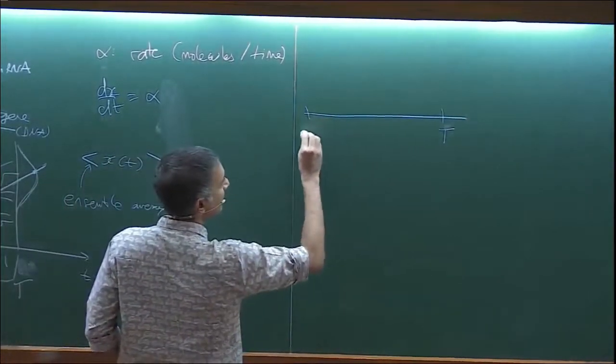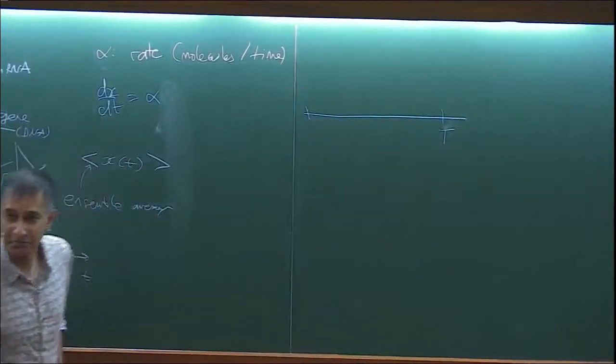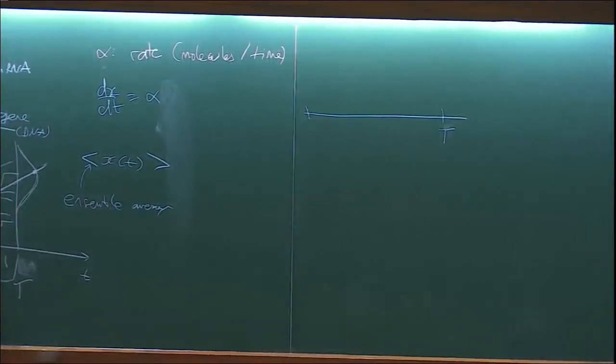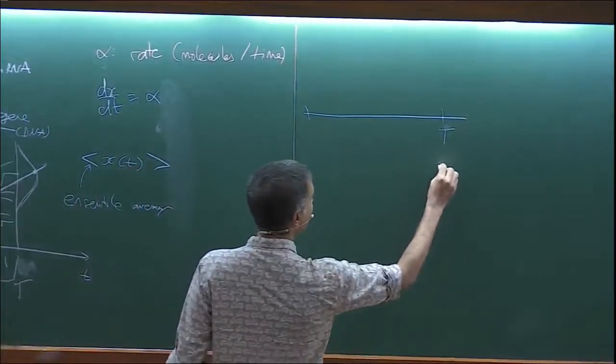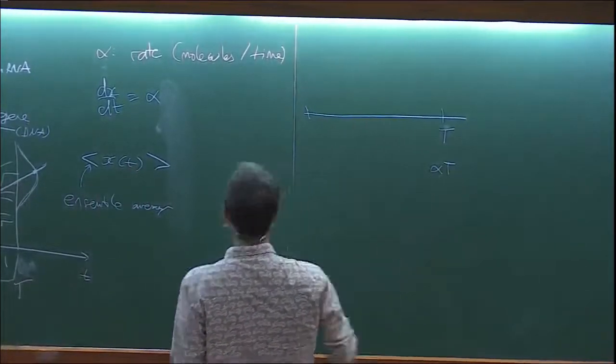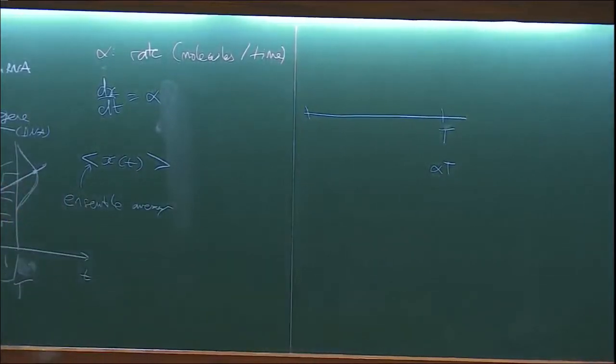So what happens is, suppose t is some very large number. If t is a very large number, you would expect very close to alpha t events happening in that bin. That's the other sense in which your school chemistry was not lying to you.